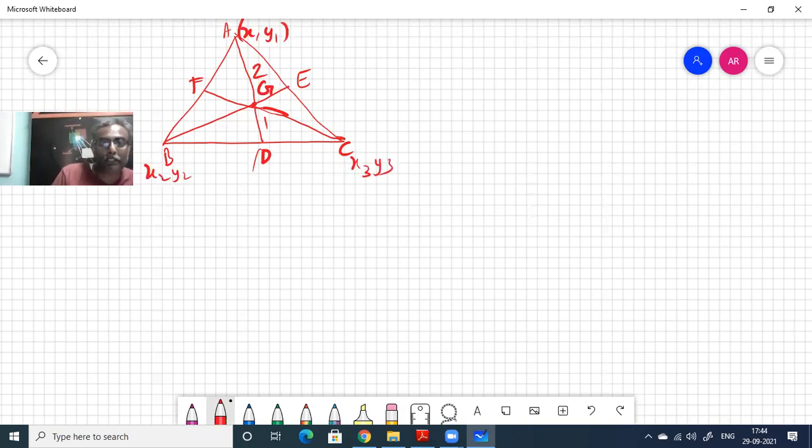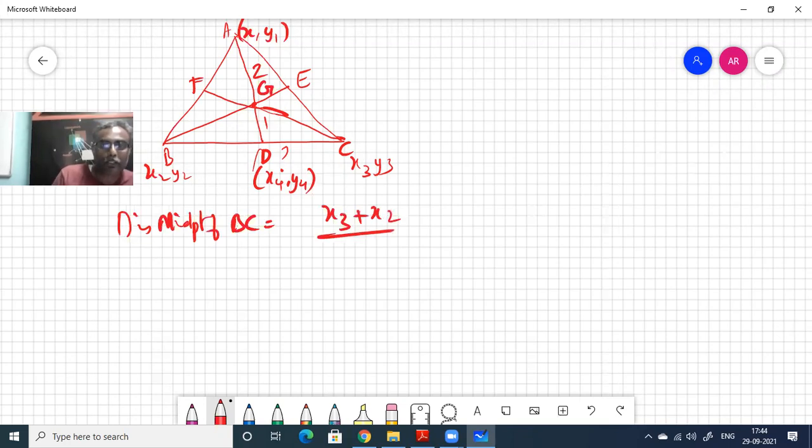Okay, what is D? D, let us say X4, Y4. What is D? Very simple. It's a midpoint of BC. Okay, D is midpoint of BC. Midpoint, what is it? X3 plus X2 by 2, comma, Y3 plus Y2 by 2. That's all midpoint. Okay. You got midpoint now.